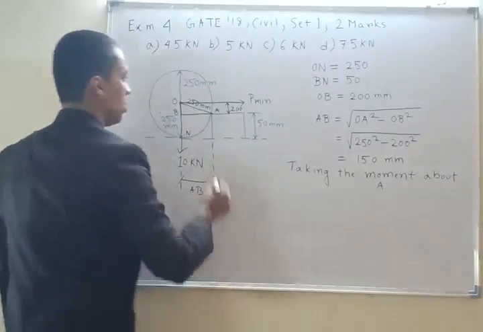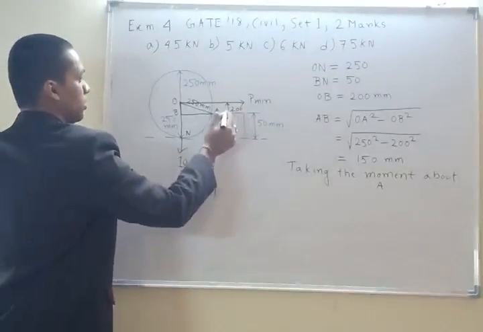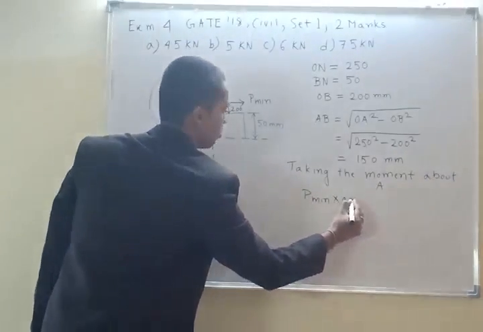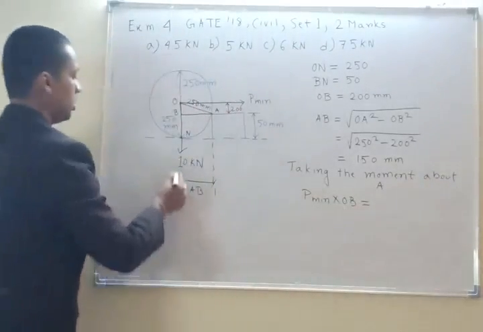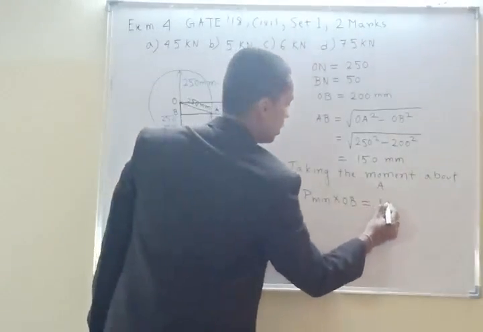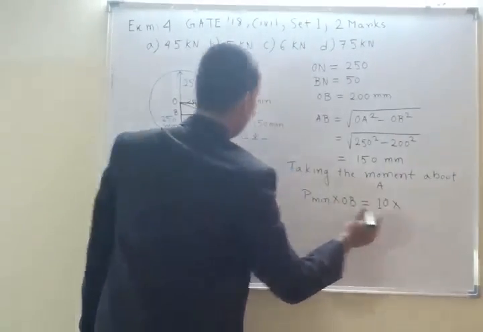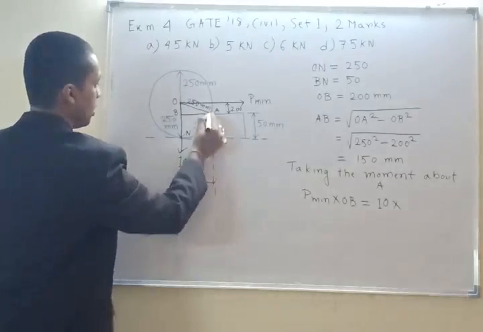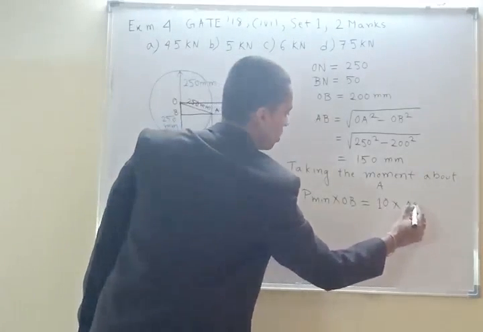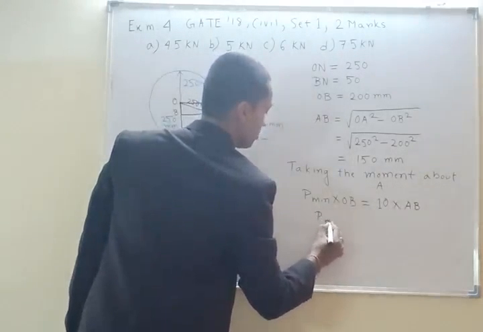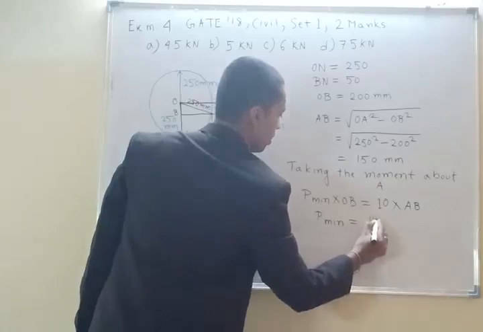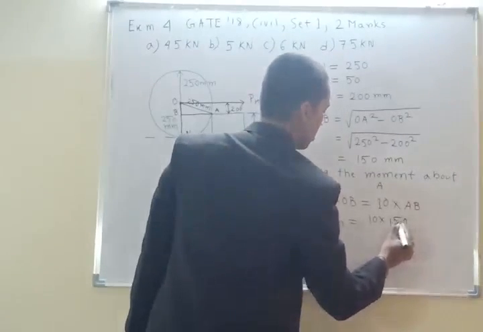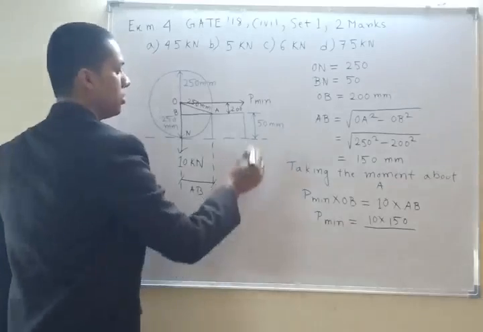So force into perpendicular distance: P min into OB should be equal to 10 kilonewton acting downward into the perpendicular distance AB. So P min is equal to 10 into AB, which is 150, divided by OB, which is 200.